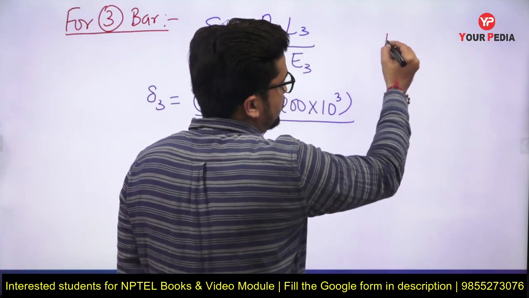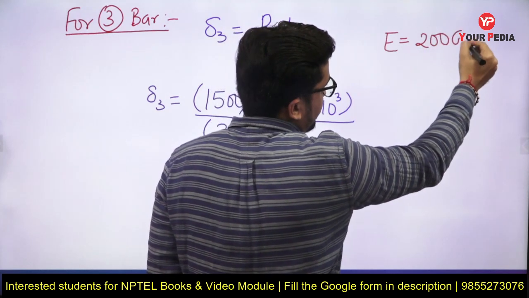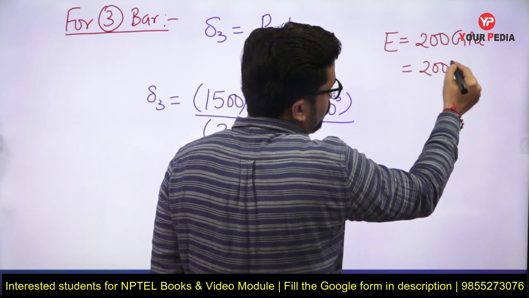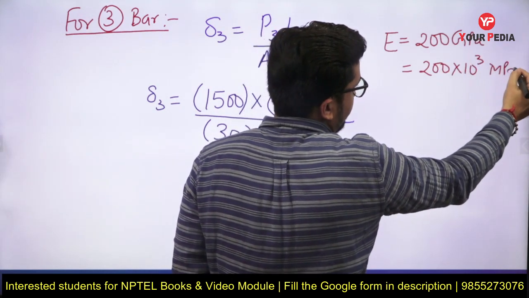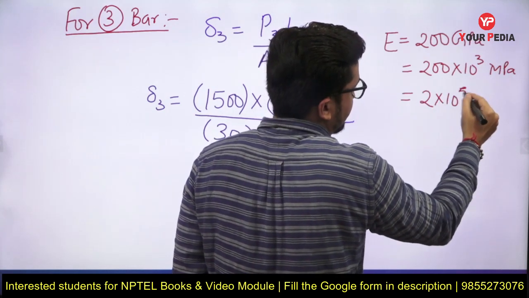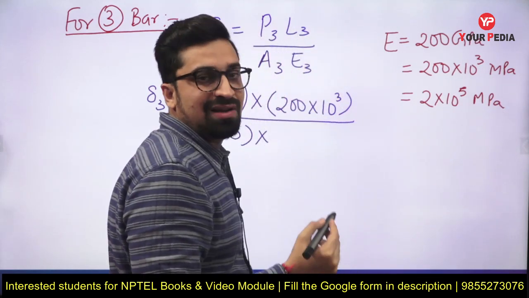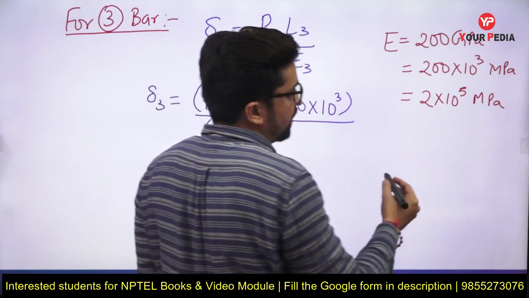So let us convert this into Newton per mm square. So 200 GPa will be equal to 200 into 10 raised to power 3 megapascal. So this will be 2 into 10 raised to power 5 megapascal, right? And we know that 1 megapascal is equal to 1 Newton per mm square.